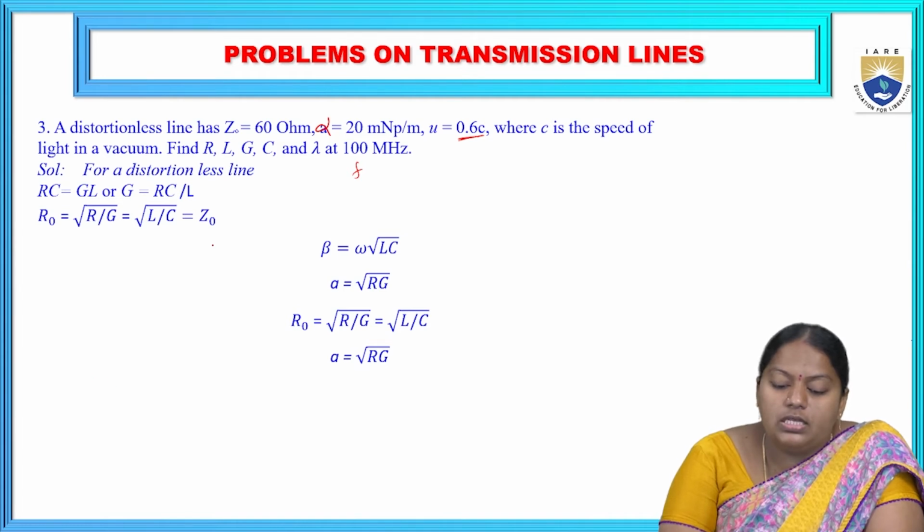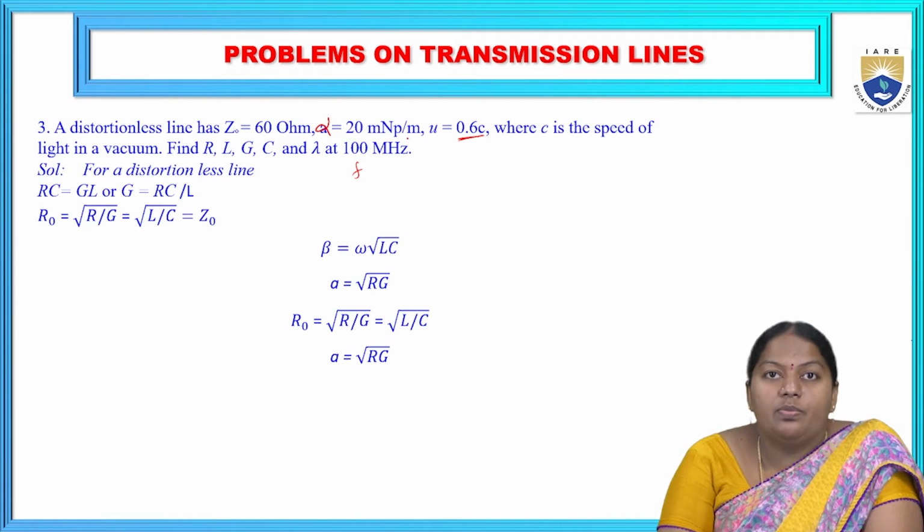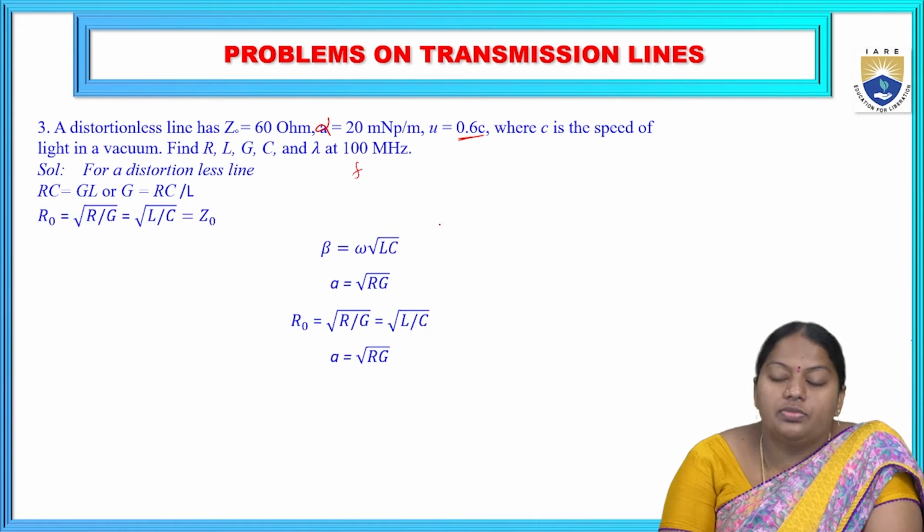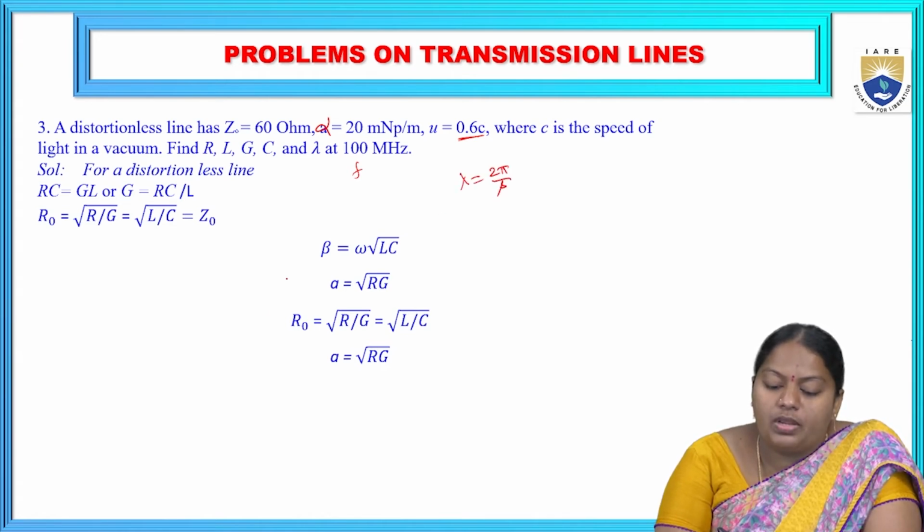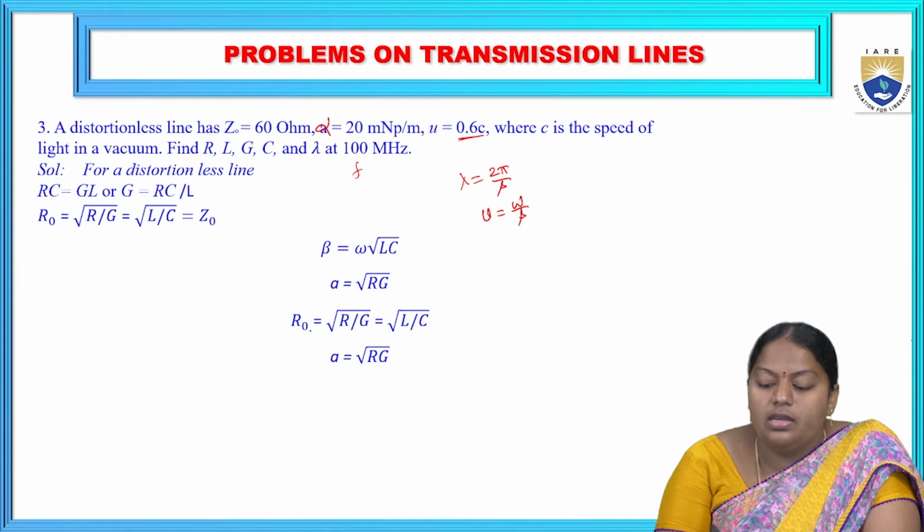So as we know that alpha value is given as 20 milli Neper per meter and velocity is given as 0.6 into c, then lambda value first we have to find. Lambda equal to 2 pi by beta. Now to find this one, we use first velocity v equal to omega by beta.